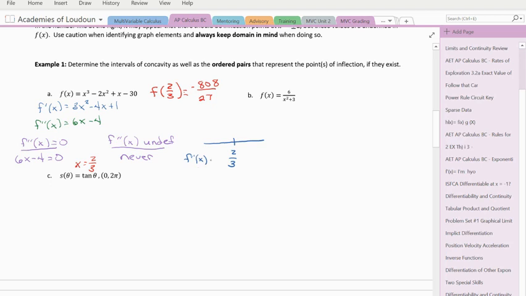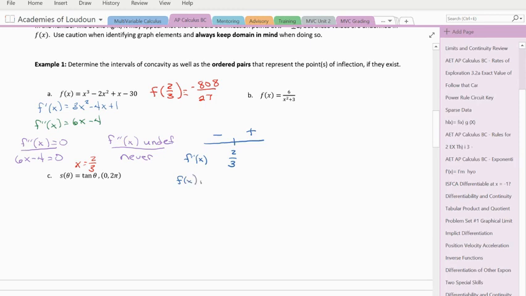And we can see that when x is less than 2/3, the function will be concave down. And when x is greater than 2/3, the function will be concave up.